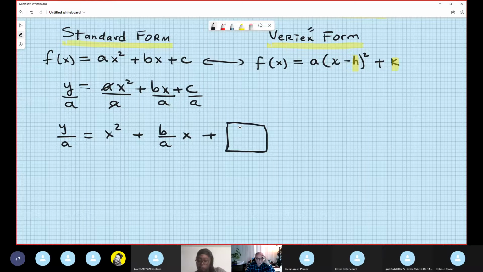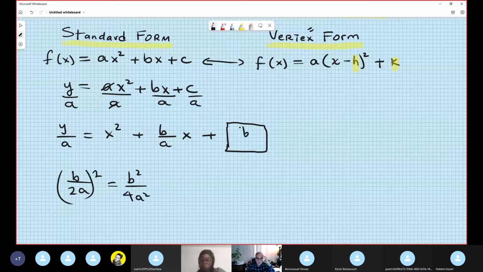Remember the magic number is you take b, in this case the coefficient of the linear term, divided by 2, and square it. So it's b squared divided by 4a squared.